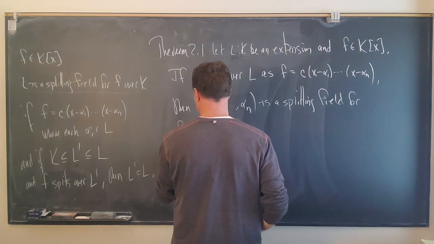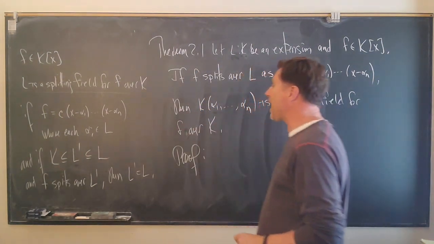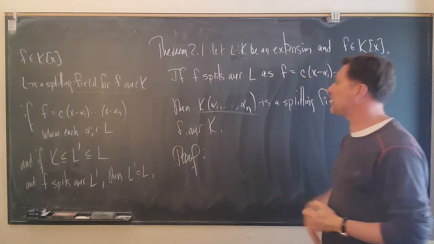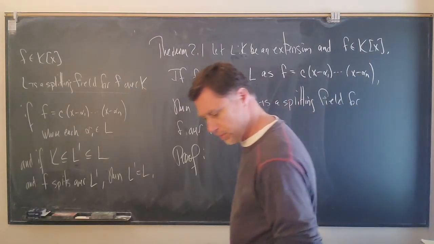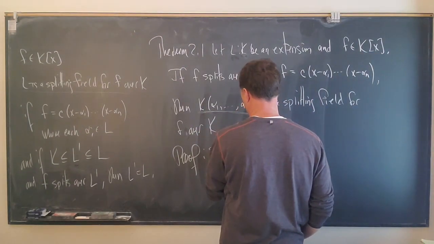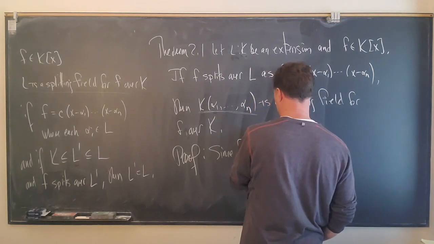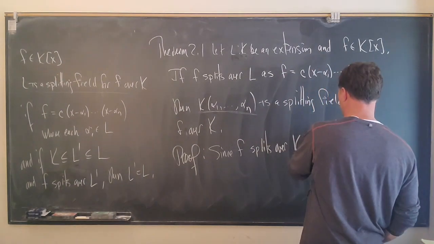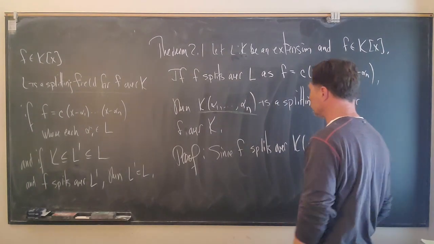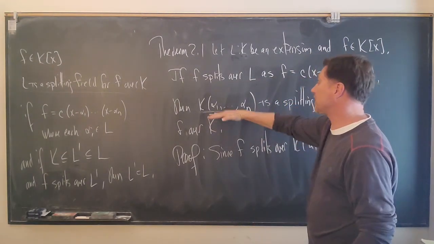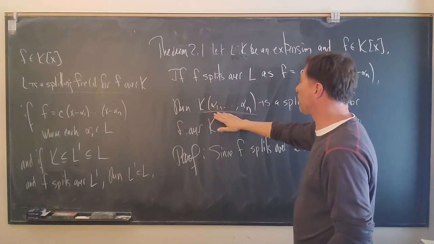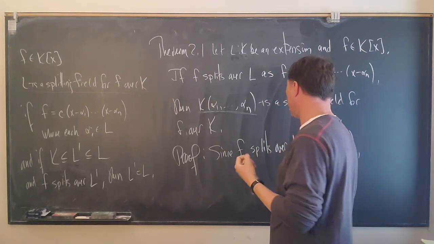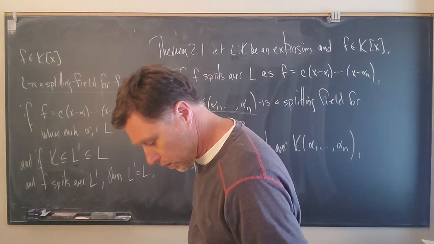For the proof, which is not particularly difficult, we know that f is going to split over this field, since f splits over K adjoin alpha 1 up through alpha n. We know it splits over L like this. Then all we need is to have the roots, and we'll have degree 1 polynomials living in here.